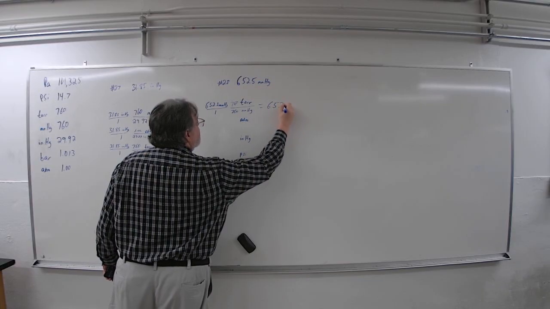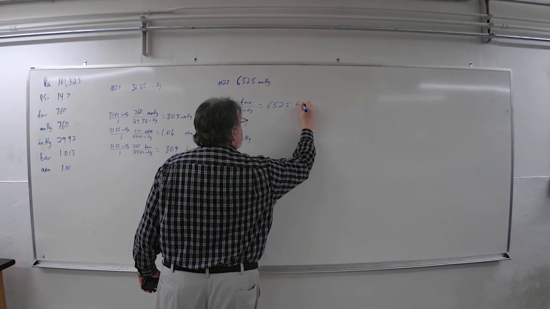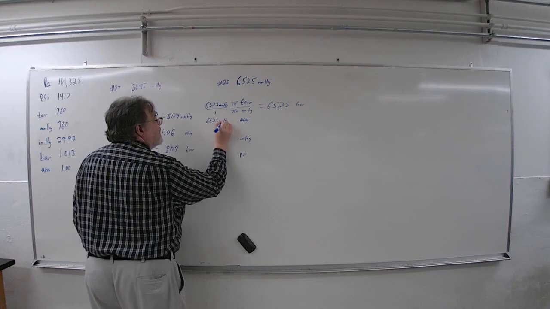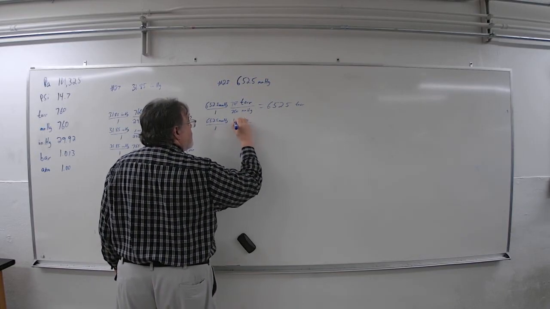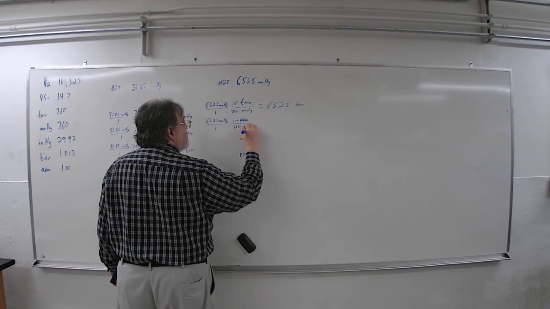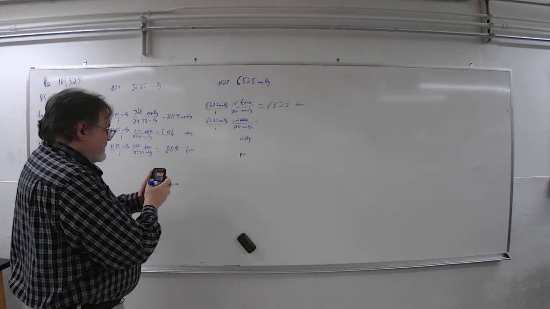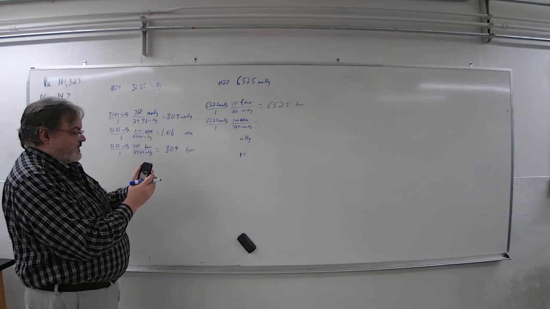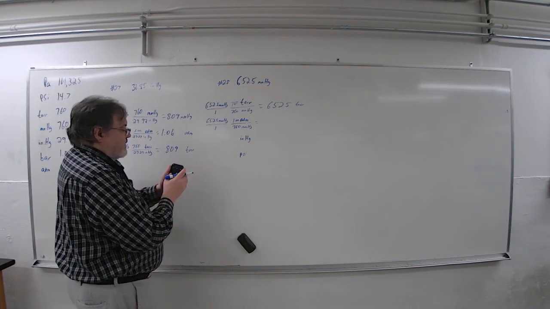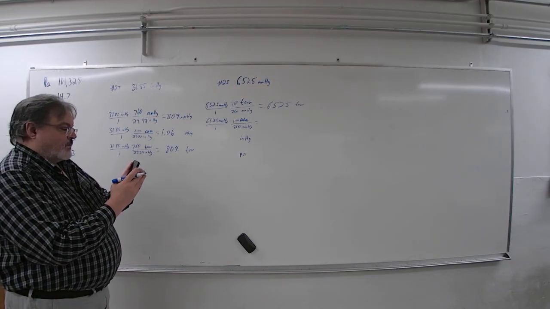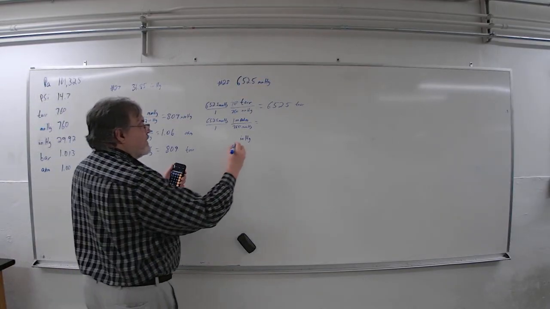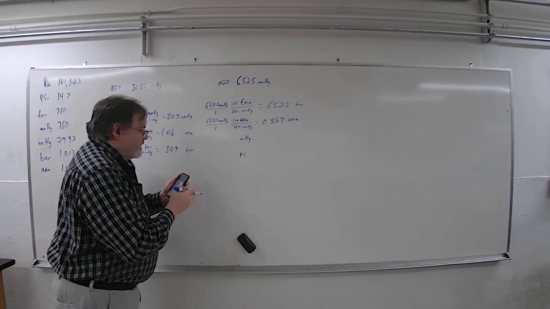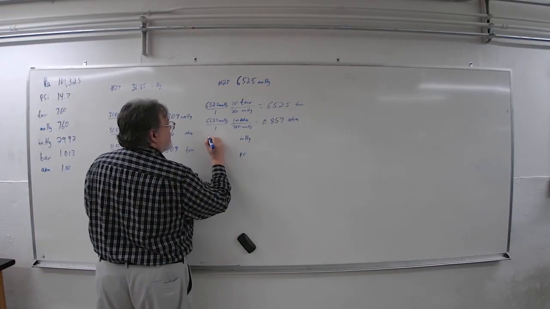Then, to convert 652.5 millimeters of mercury to atmospheres, it's 652.5 over 760, so 652.5 divided by 760 gives atmospheres.